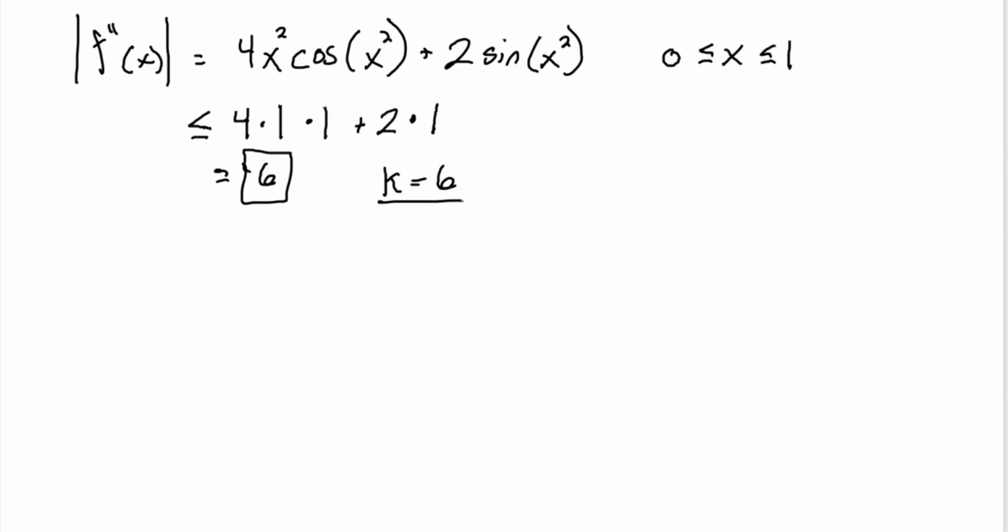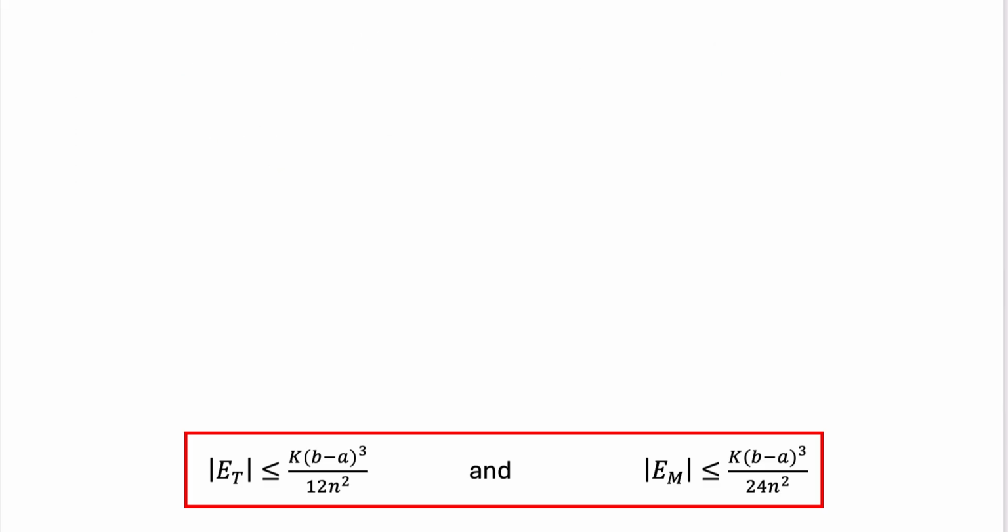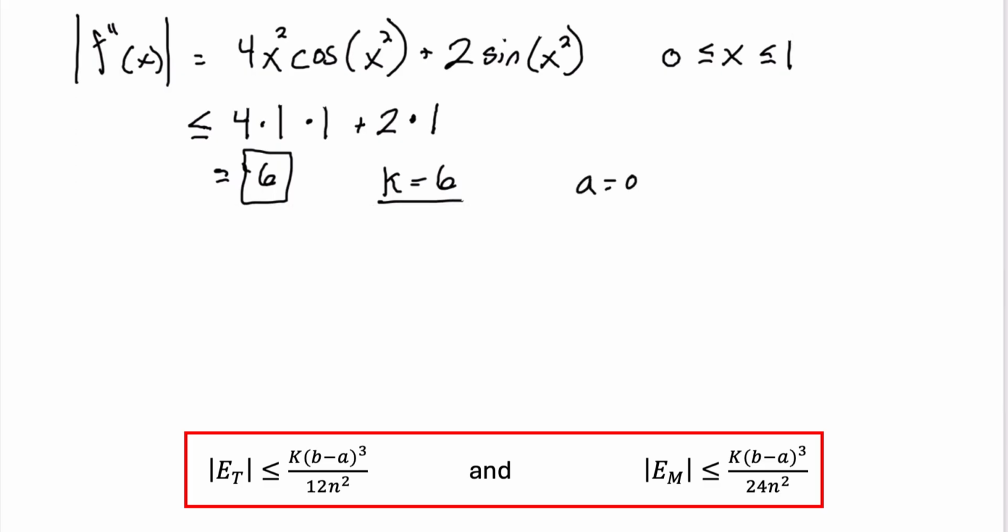Now that we have k, we can use the formulas and recall a is 0, b is 1. Looking at the error bound for the trapezoid rule, we'll plug in 6 times 1 cubed divided by 12 times 8 squared.